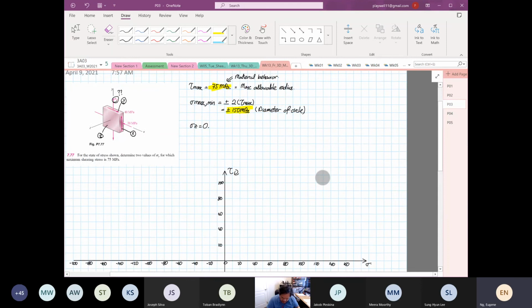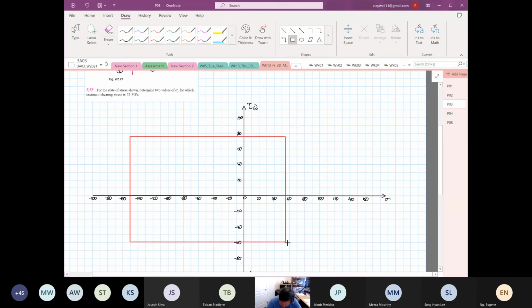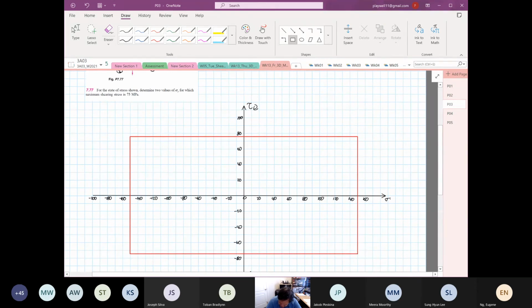Okay, we're going to draw an operating boundary. So 150 and 75. I'm going to eyeball the 75. Okay, so this is our operating bracket.